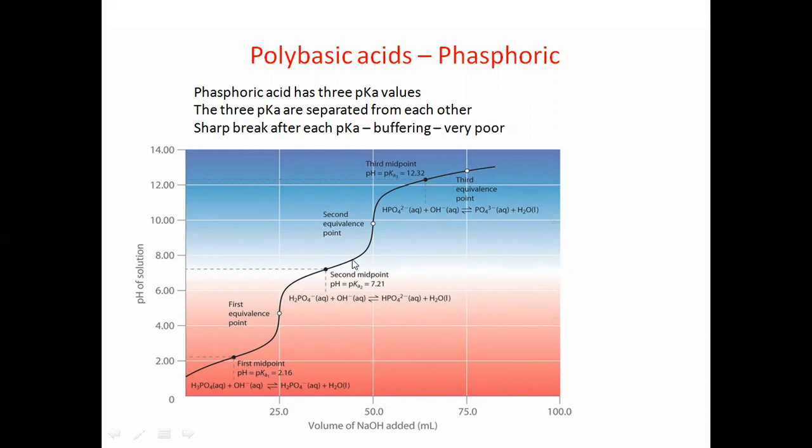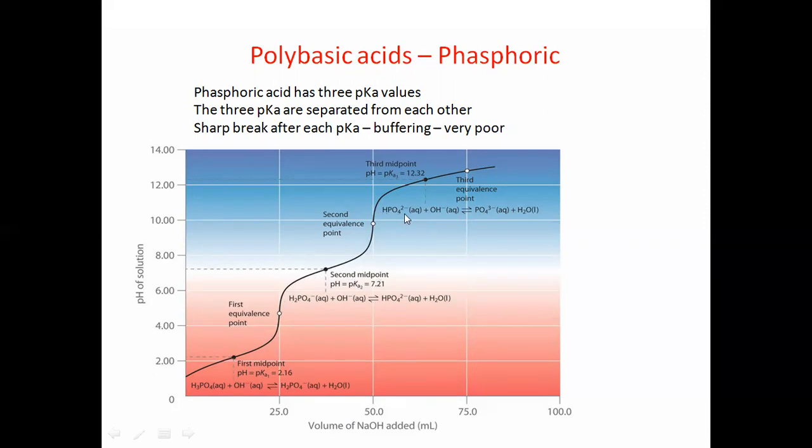Again, the titration proceeds, and it meets the second equivalence point, the vertical line. Whereas this is the buffering zone. This buffering is observed at pH 7.21, whereas the first buffering is observed at pH 2.16. So it goes on, and then one more proton is lost.